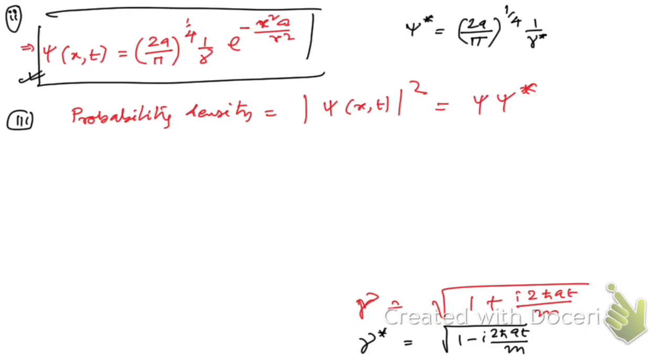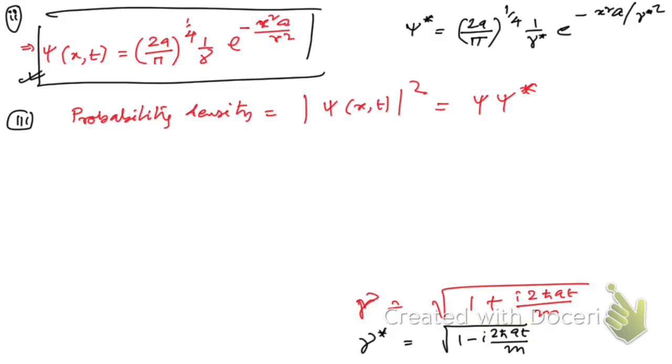Gamma star is the complex conjugate of gamma. Then e to the power minus x square a by gamma star square. Let me write this way, square of gamma star, right? Hope you have understood this.